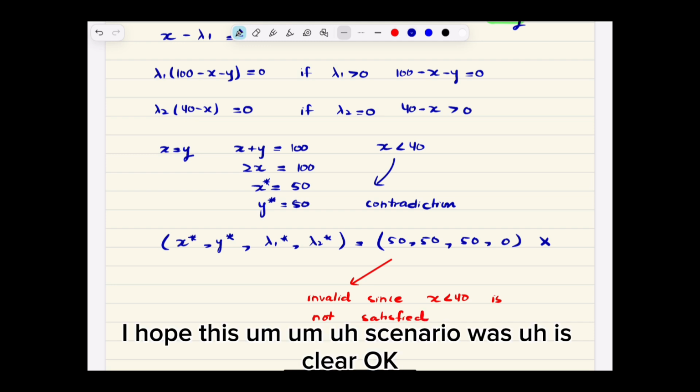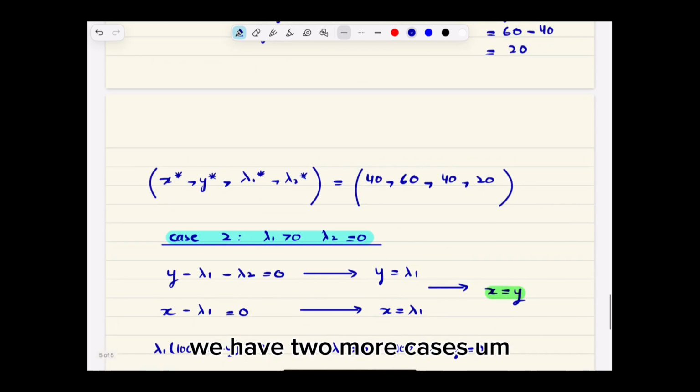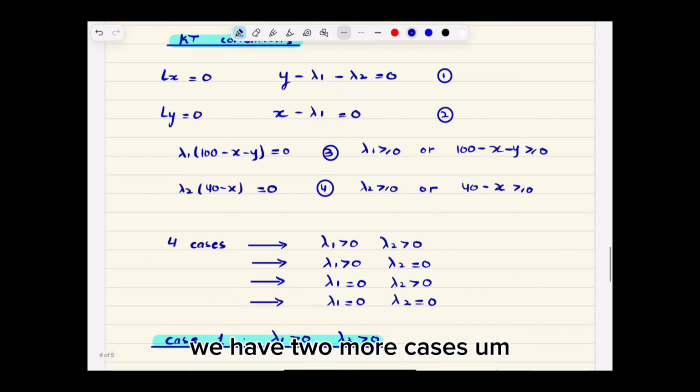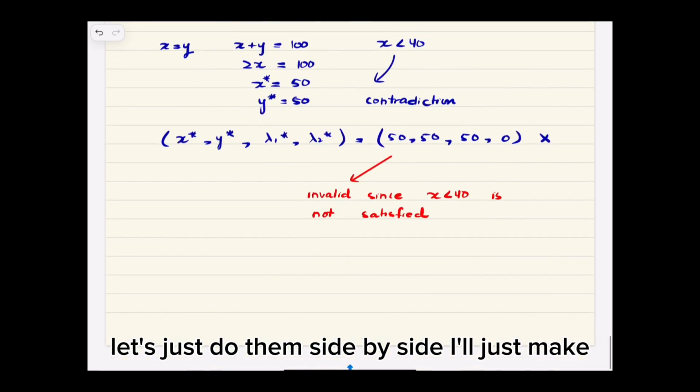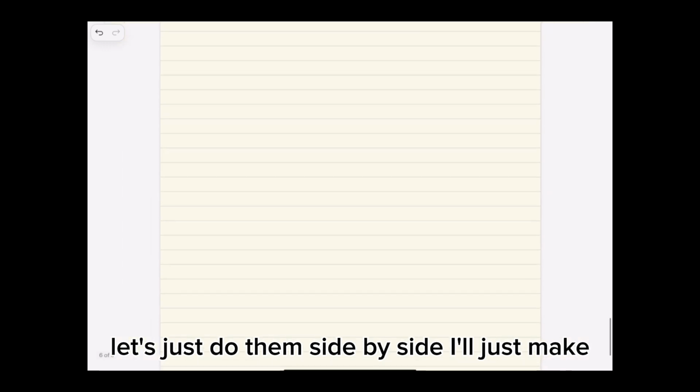I hope this scenario is clear. Okay, we have two more cases, where lambda is equal to 0, these two cases. Let's just do them side by side.